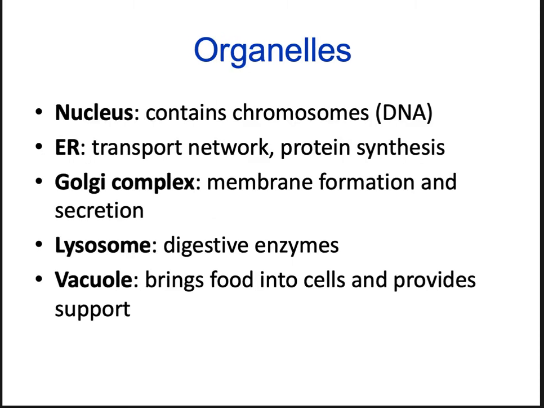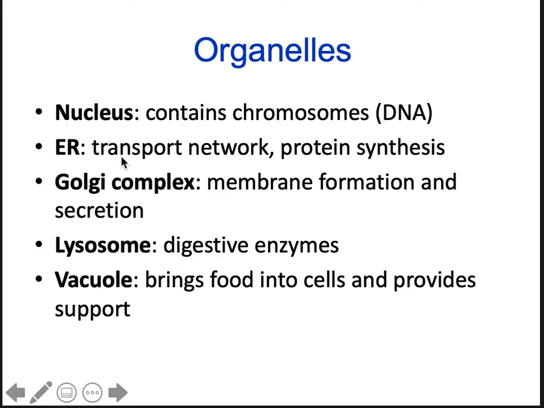Okay, so organelles, that you remember, organelles are only found in eukaryotes. The nucleus is actually a double membrane organelle, which we'll see in a moment. It contains our chromosomes for DNA, and it's also the place where mRNA is made to make proteins. Okay, the ER stands for endoplasmic reticulum.